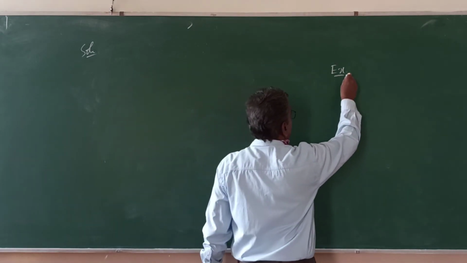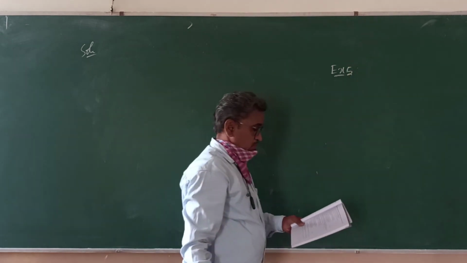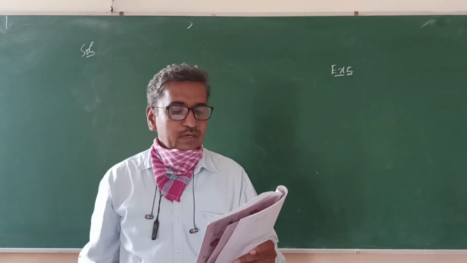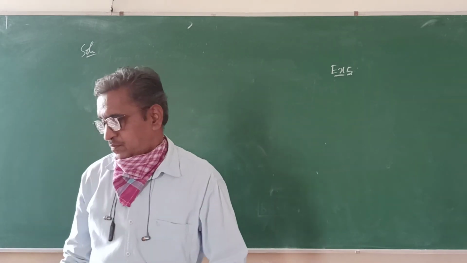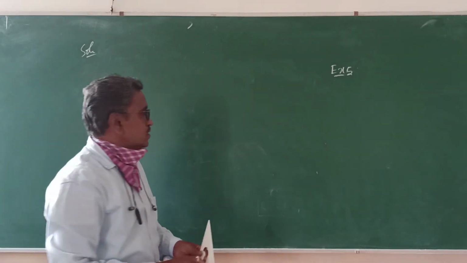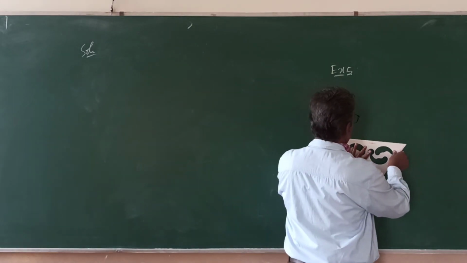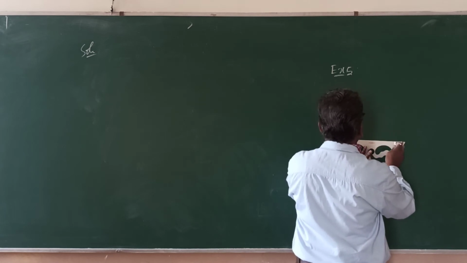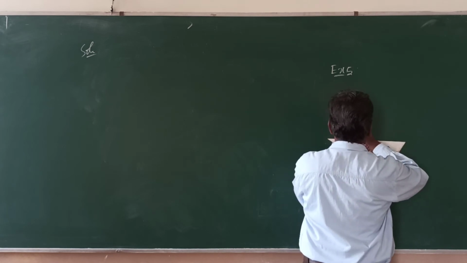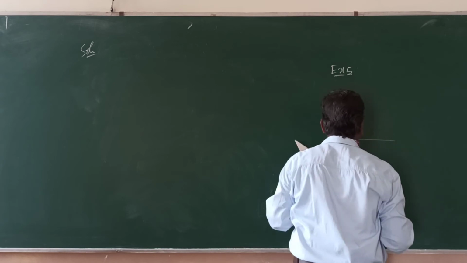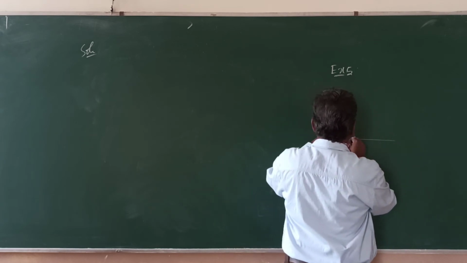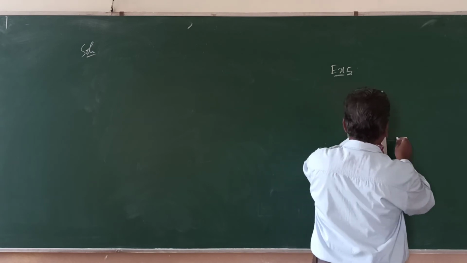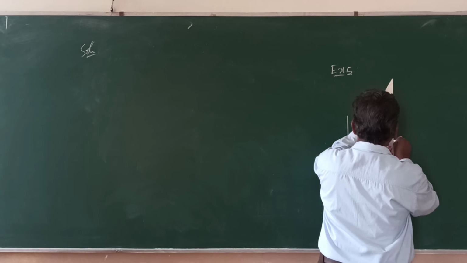Next example, two poles of height 6 meter and 11 meter stand on a plain ground. What's the idea? They are standing on the ground, which means they are always perpendicular.